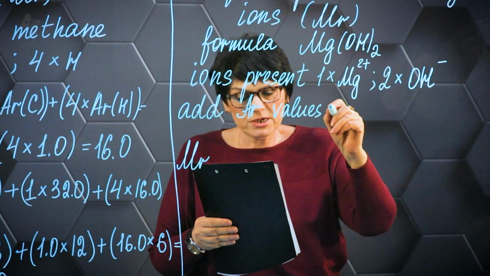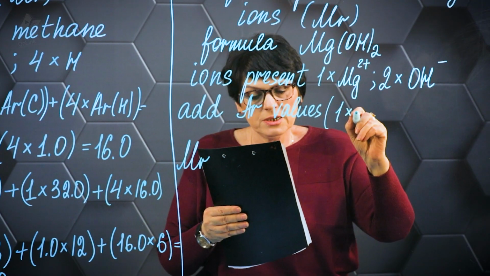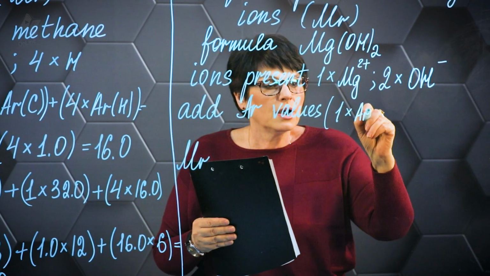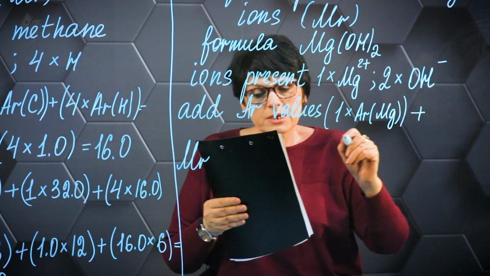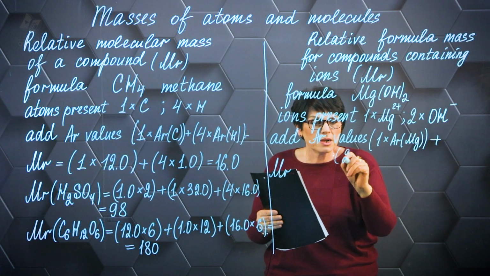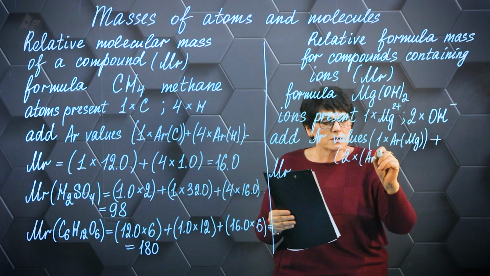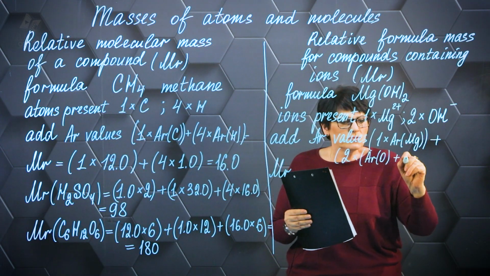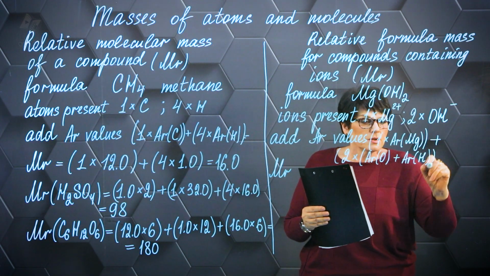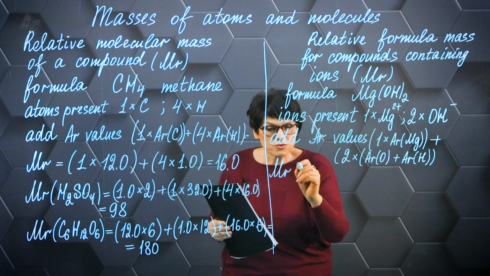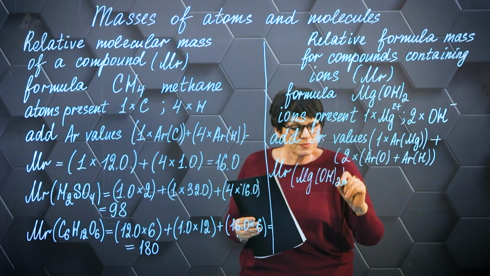That would make it 1 multiplied by the magnesium ion's Ar of magnesium, plus then we add 2 OH ions, multiplied by the Ar of oxygen plus another Ar of hydrogen. So now we're going to calculate this compound Mg(OH)2.